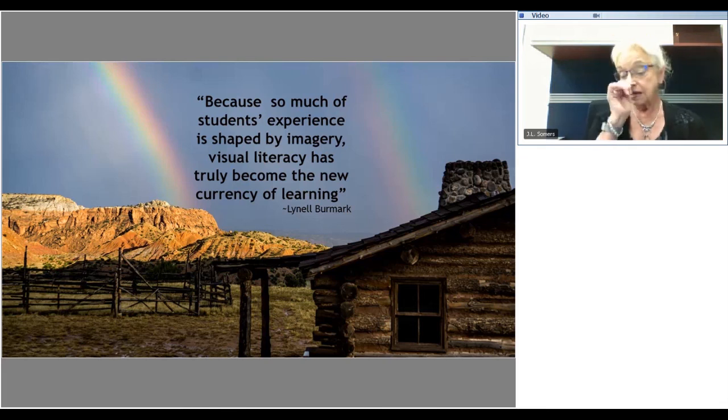Okay, yes, Kat? Hi, I was just thinking as you were talking about students and how it's so true that everything has pictures. I was looking at this picture of the walkway to the beach and thinking that there needs to be some kind of connection with previous experience.